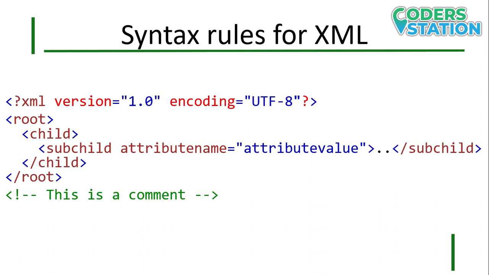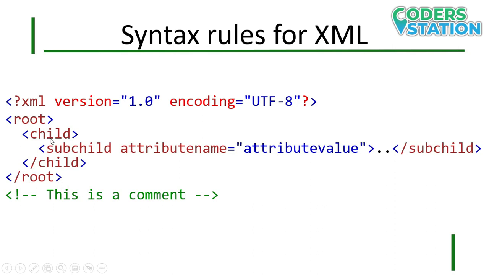It is not necessary to give predefined tag names as we used to do in HTML. We can use our own tag names that will help us in understanding the data that is being stored in that particular tag. This is the opening tag, this is the closing tag.